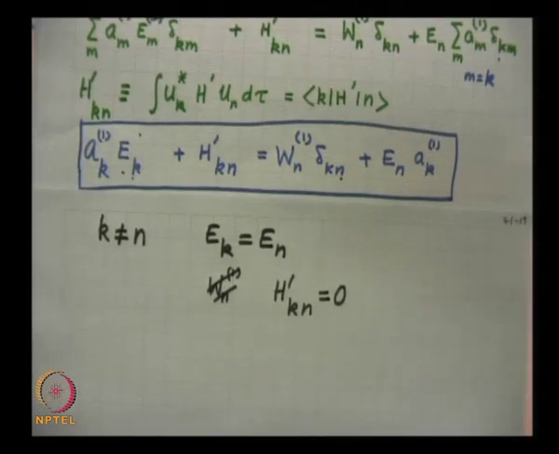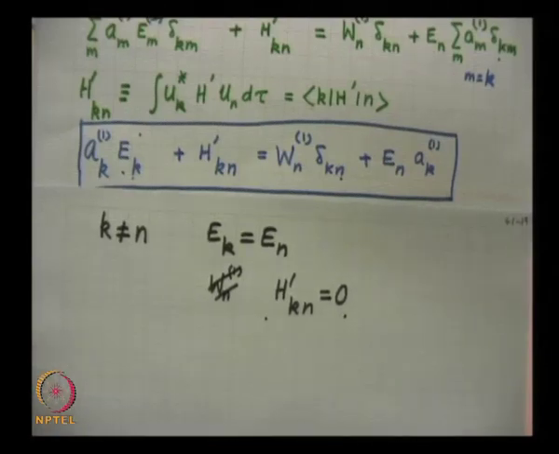That means, if I have chosen that representation in which my h prime k n, h prime matrix is diagonal, then the diagonal elements will represent the perturbation to this state. We will illustrate this again, if you have not followed, through another example.